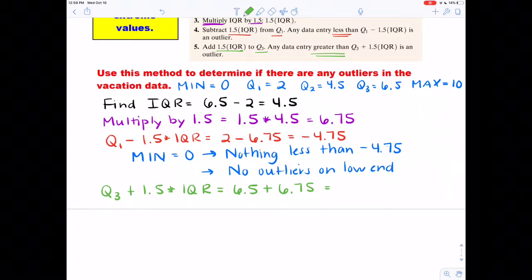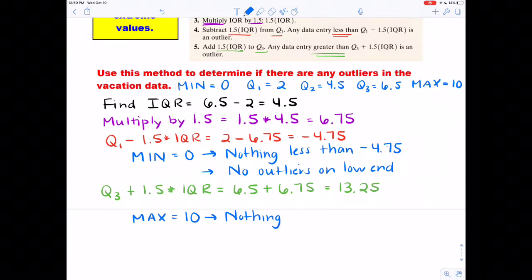And that's going to put me at a value, essentially a value on a number line, at 13.25. Again, what I'm looking for here would be anything greater than that value. If I look back at my 5-number summary, my maximum data value is 10.